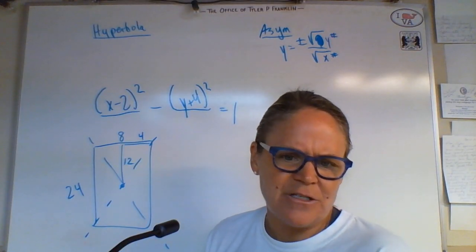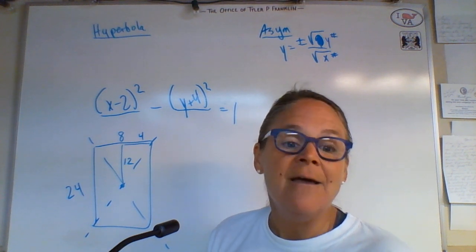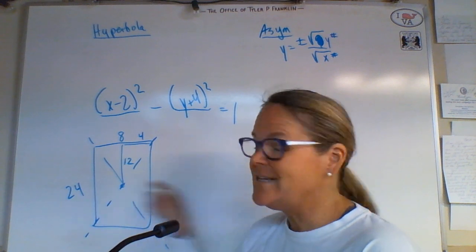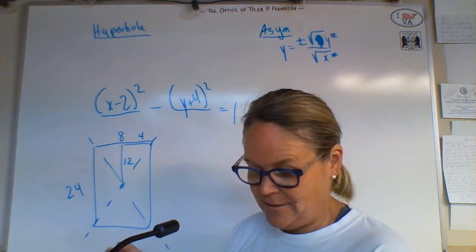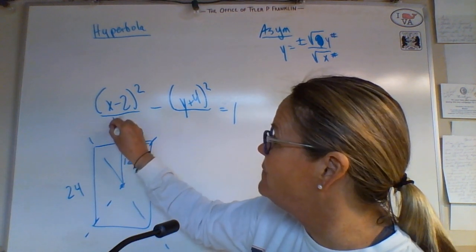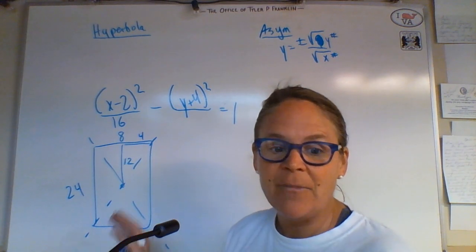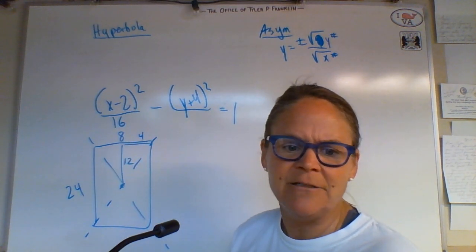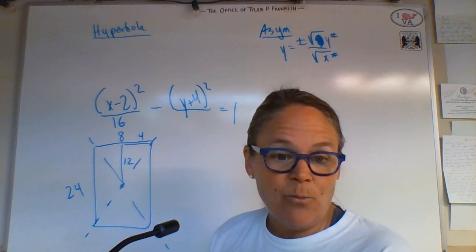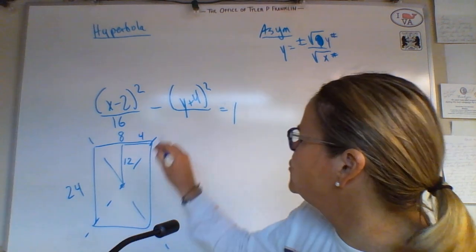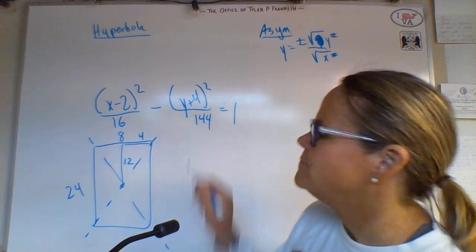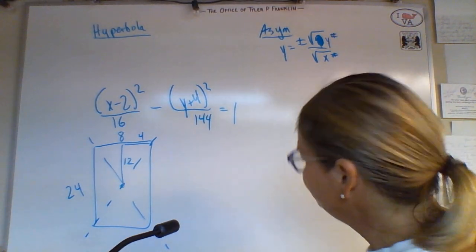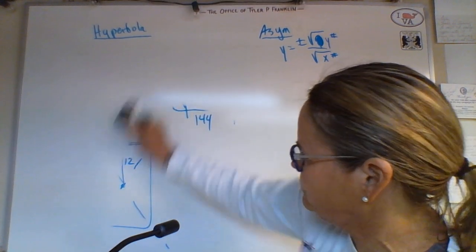So you end up just dividing them by 2, but put them in the right spot. 4 is this way, which is x. So that's got to be 4 squared, 16. 12 is this way, or 24 split in 2. That's up and down. Square 12. There's your equation. Okay?